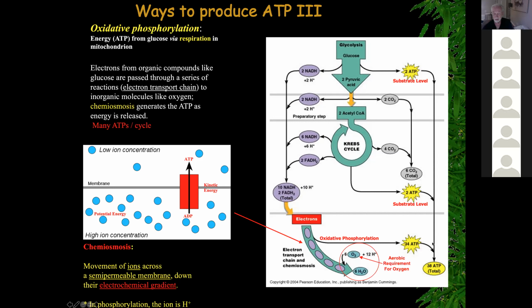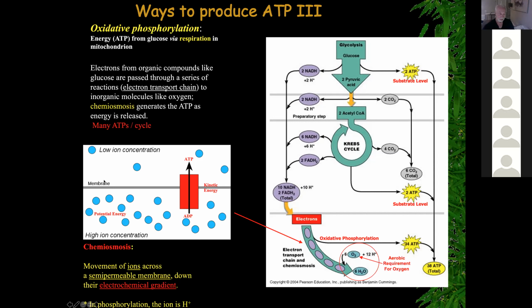So from 1 molecule of glucose going through oxidative phosphorylation, we end up with 38 molecules of ATP, whereas in substrate level phosphorylation, the total is 2. So this is really crucial, really important, because this is where we get most of the energy that we use.